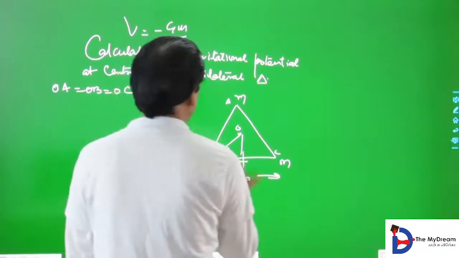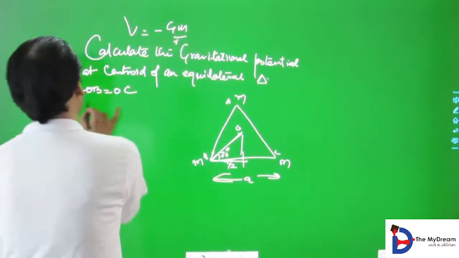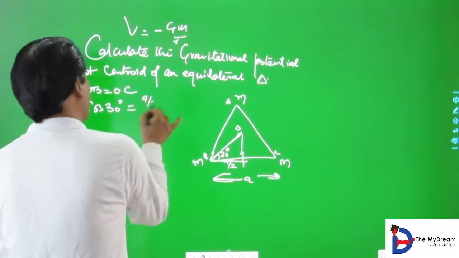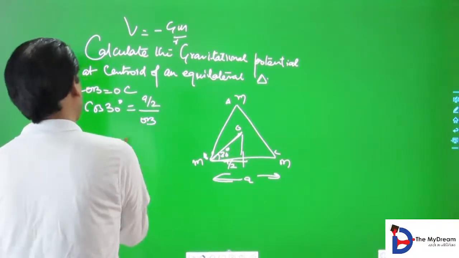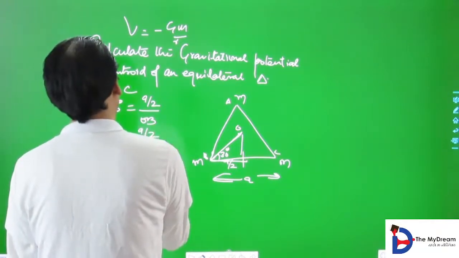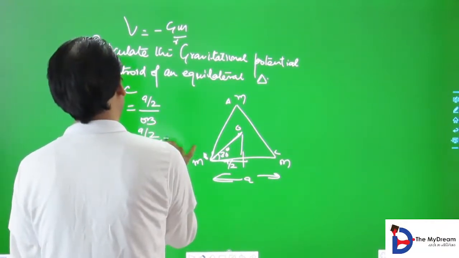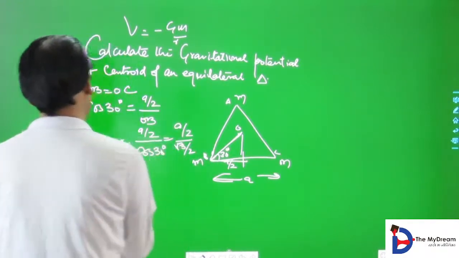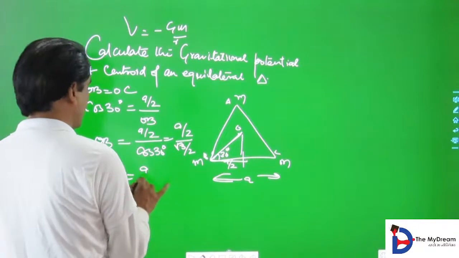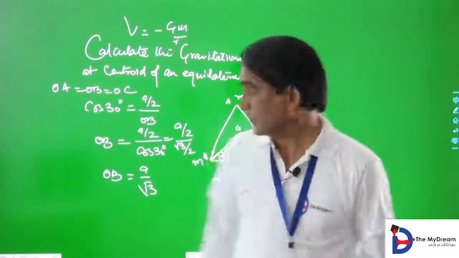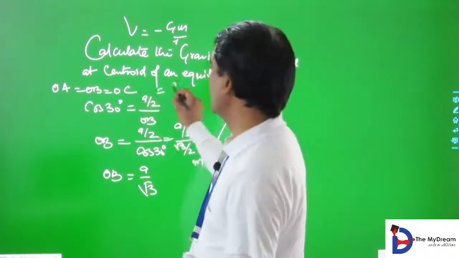This is base upon hypo, so cos 30 is equals to a/2 upon OB. So OB हो गया cos 30, that is under root 3/2, which is equal to a/2. Now OA is equal to OB, that is equal to a/√3.